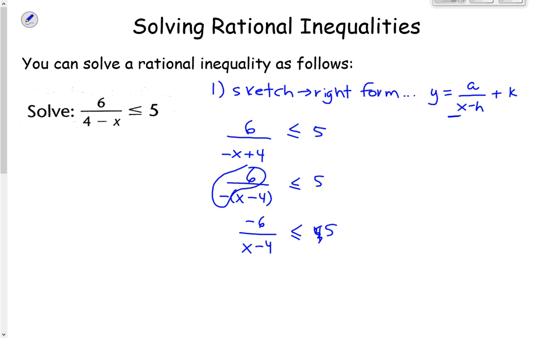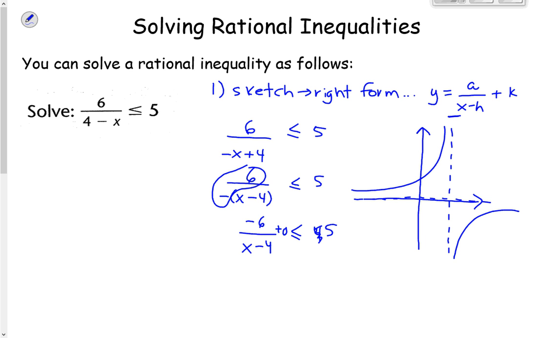So if you want to sketch this, you're going to need to put your asymptote at 4, and then your k here is 0. So you go to 4, your asymptote here, and then 0. And because your a is negative, you're going to have to sketch something like this.